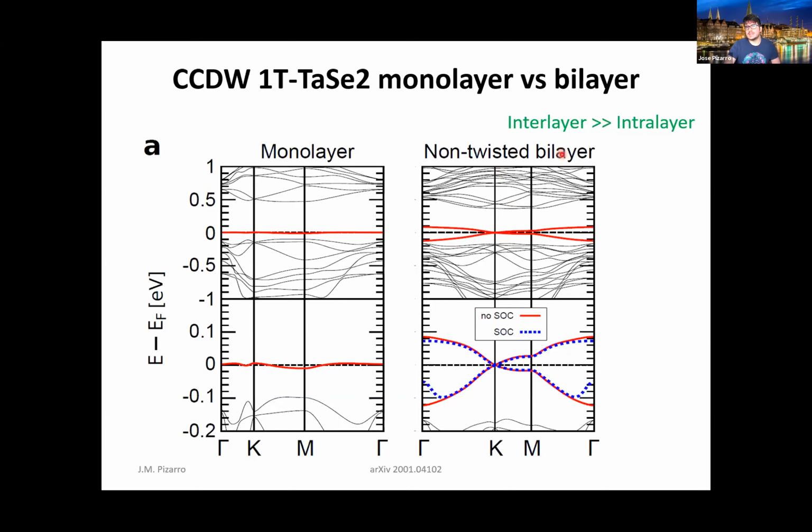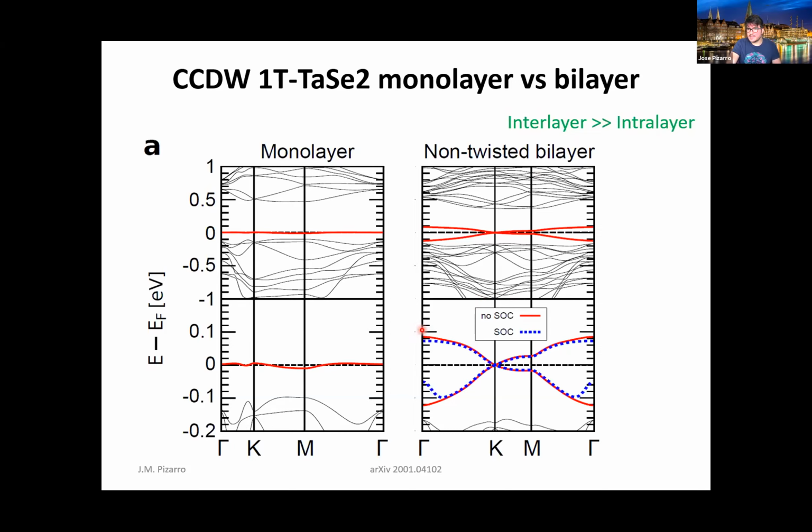And this is signaling also that what is playing all the music in this material is actually the interlayer coupling. I think this is slightly different from magic angle twisted bilayer graphene. In magic angle twisted bilayer graphene, you have the opposite relationship, right? The intralayer hopping is what is dominating over the interlayer one, right?